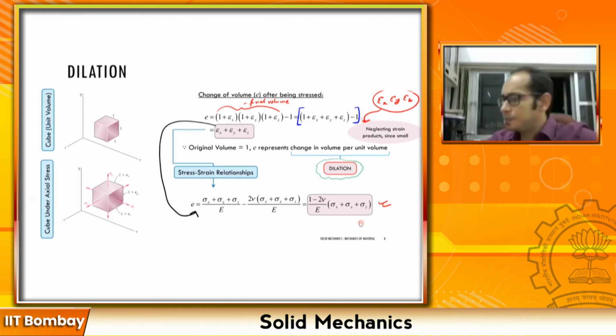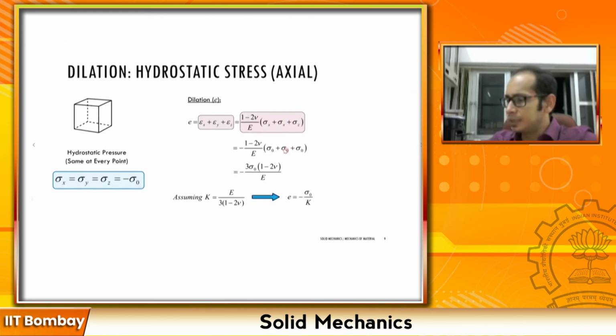Going a bit further from here, this is what we derived on the last page over here, that your E is something like this particular expression, 1 minus 2 times the Poisson's ratio divided by the Young's modulus times the sum of the stresses, right?